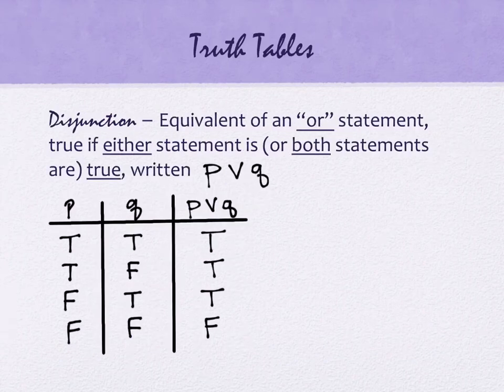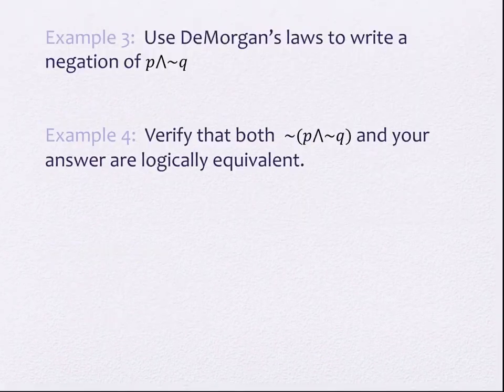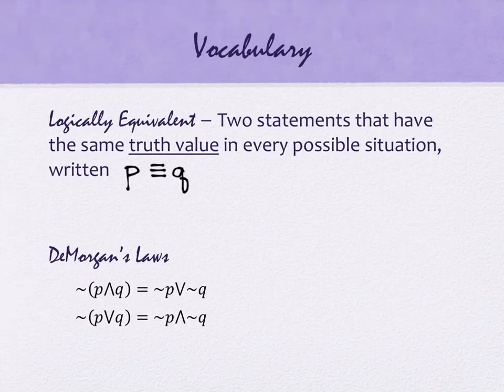So when does that happen? When you have ands and ors. Well, that's what De Morgan's laws tell us. De Morgan's laws tell us that if you have an and statement and you take the negation, what you see is that each of the individual statements are negated, right? Tilde P, tilde Q. But you also should notice that the and becomes an or.